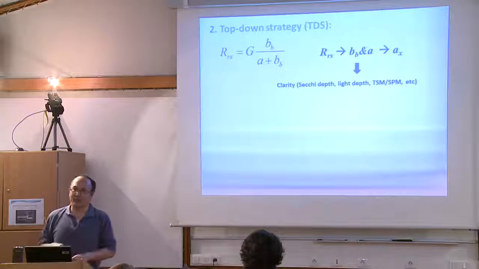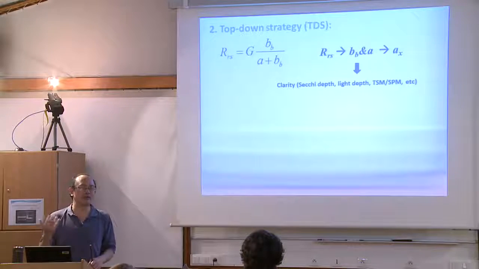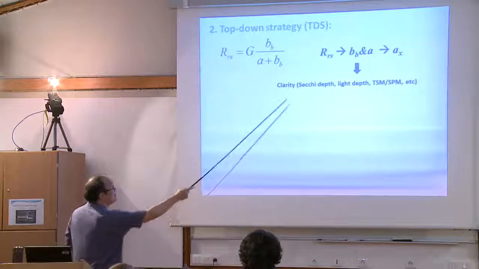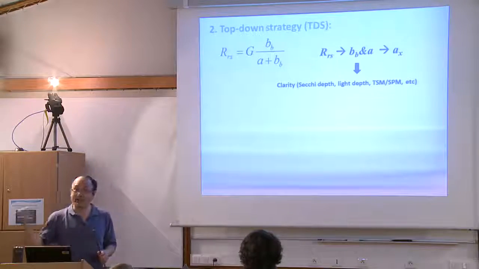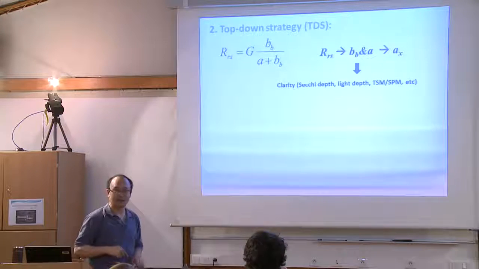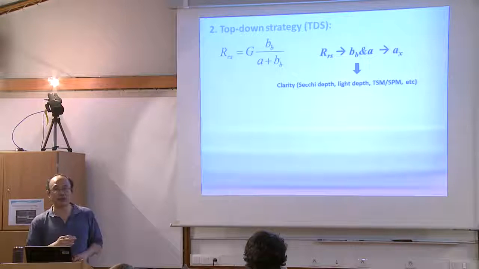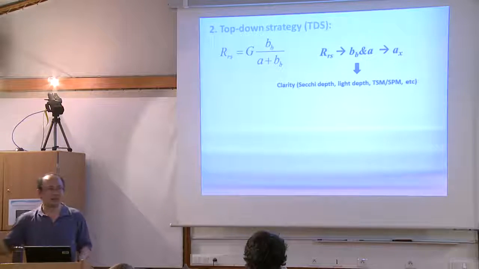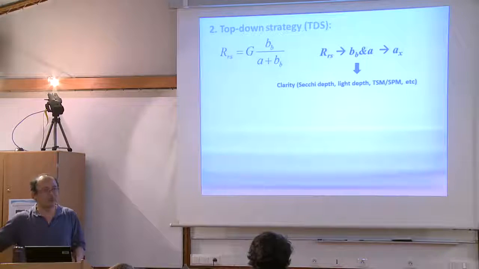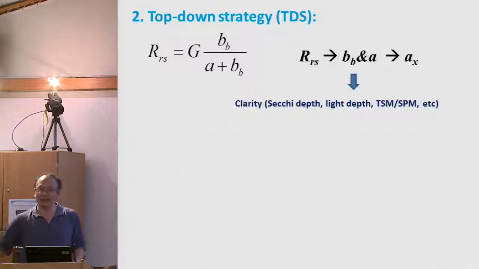Then people ask, why do you want to get the total A or total BB? As I will show you later in the next section, knowing BB and A, there are many things you can do before you know the AX. As I showed, when you know the total A and the BB, you can get the diffuse attenuation coefficient. You can use that to calculate the photic zone depth. You can use that to calculate the Secchi depth.